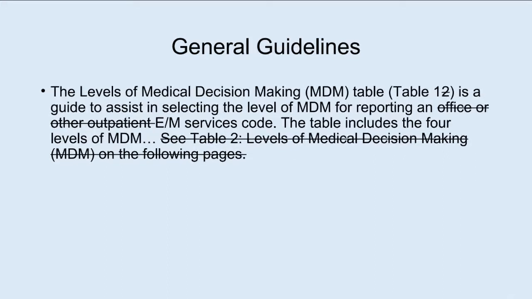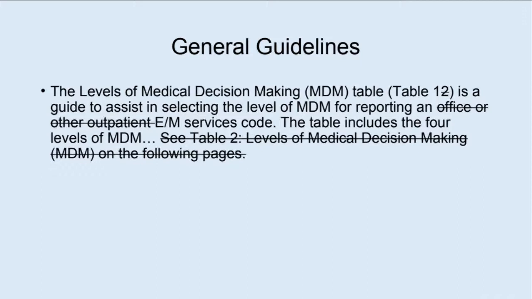So Table 2 has been changed to Table 1. That's the table that has each of the 3 categories and then what elements are included in straightforward, low, moderate, high. This says the levels of medical decision making table is a guide to assist in selecting the level of medical decision making for reporting.